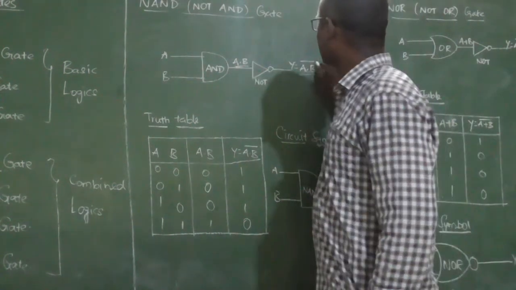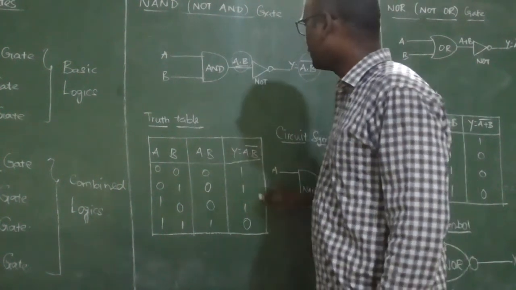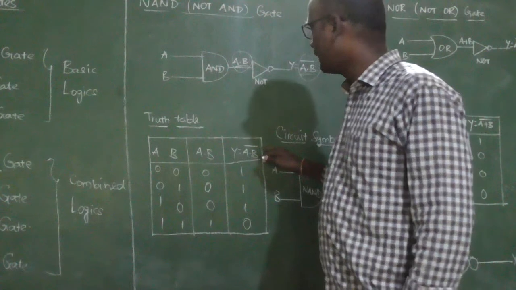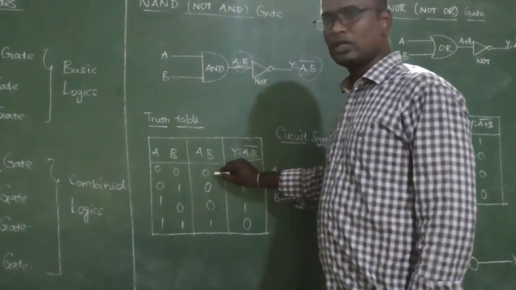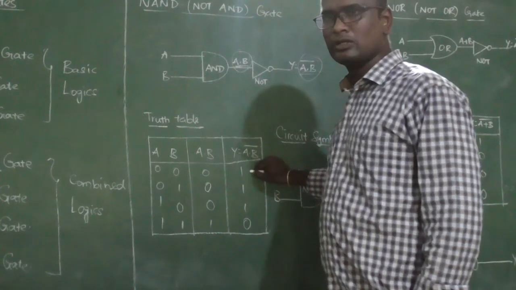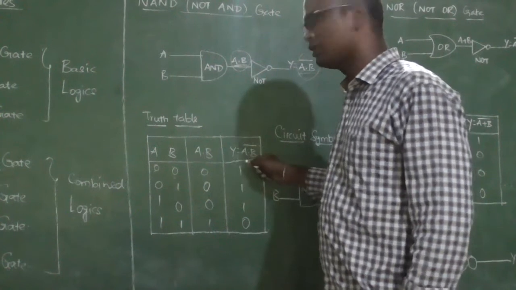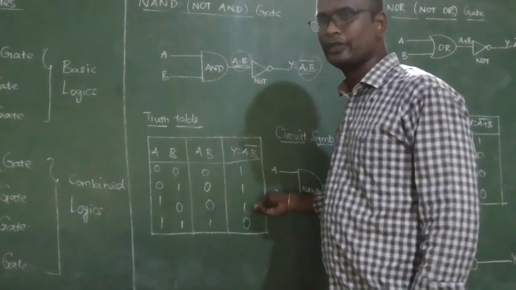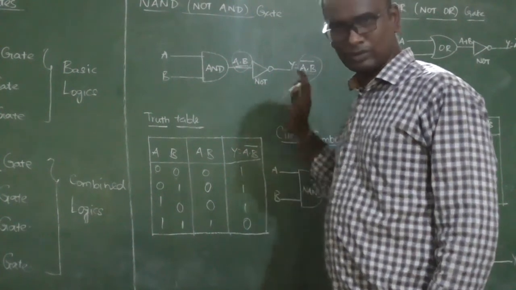So this result is the complement of the previous result, and we get the final output of the NAND gate as follows. Here we get 0, the complement of 0 is 1, so if we apply 0, 0 to a NAND gate, we get logic 1 at the output. Similarly, we get all four combination outputs.